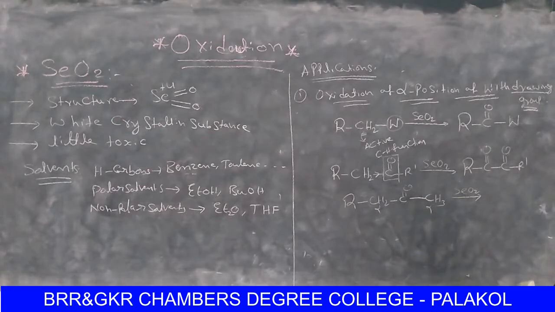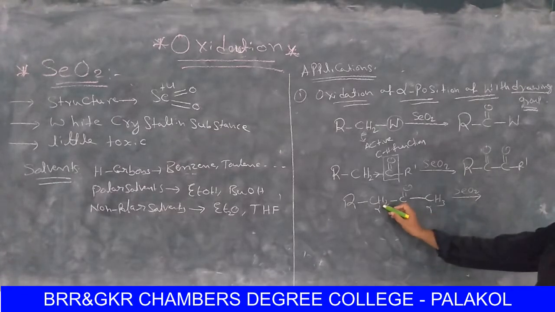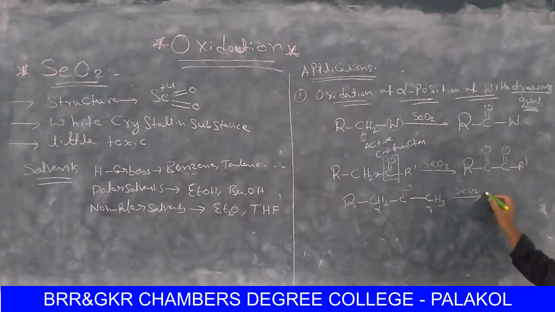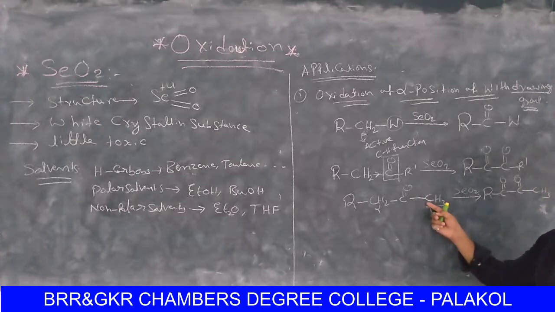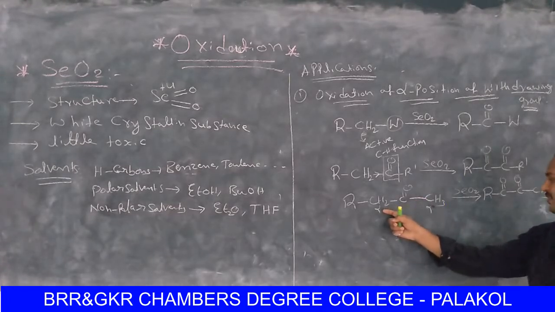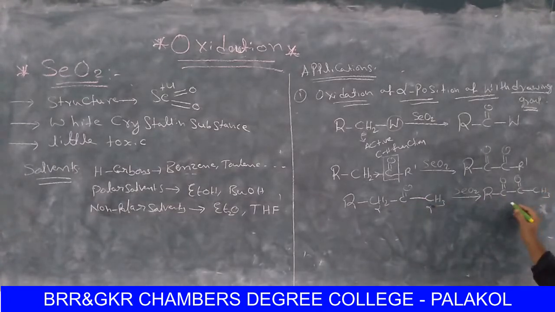Suppose oxidation takes place at CH2 and CH3 does not react. Then you will get this kind of product: R C double bond O, C double bond O, CH3.